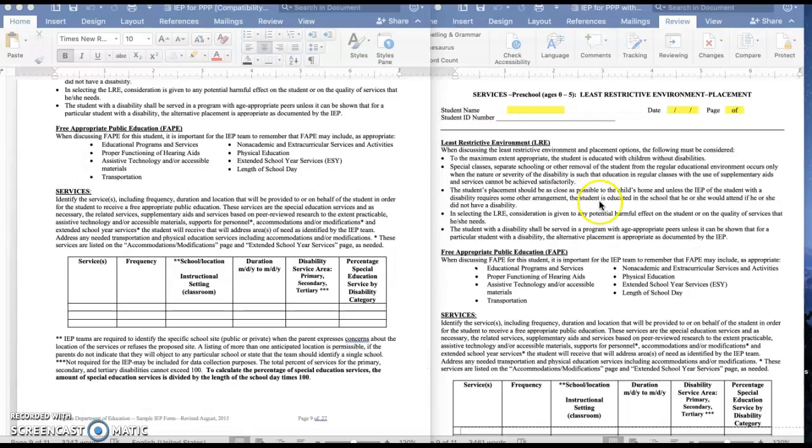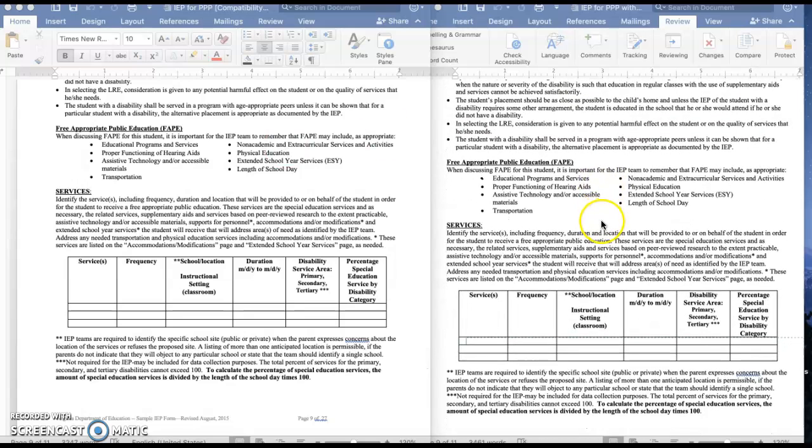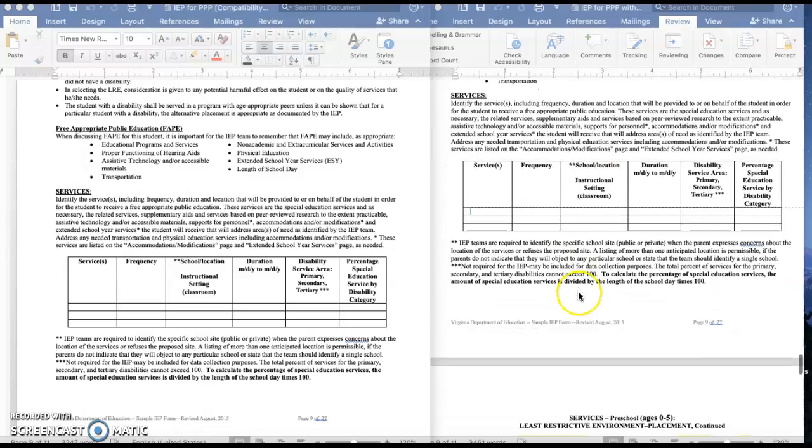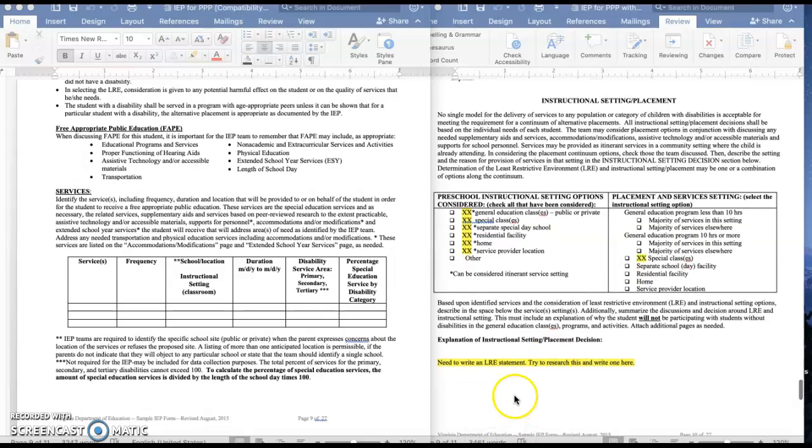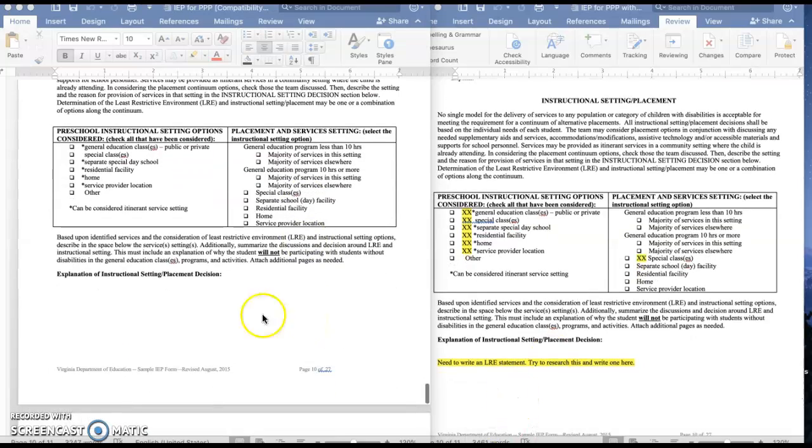So there are two places that you're going to address least restrictive environment. The first one is here when you're writing services. And then there is a place down, you can see it's on the next page, at the bottom of the next page. This is where you write your statement of why the child needs to be in the setting that you are indicating.